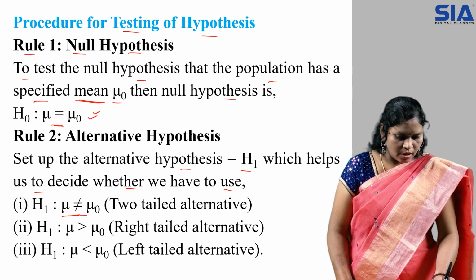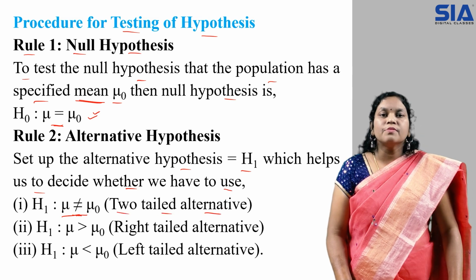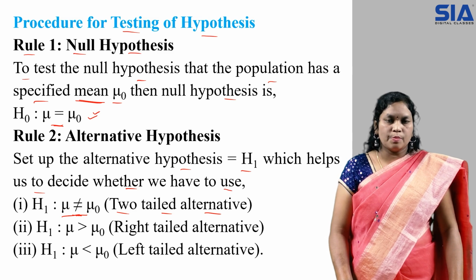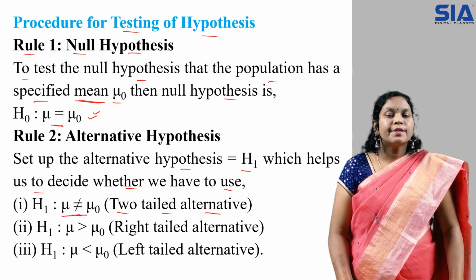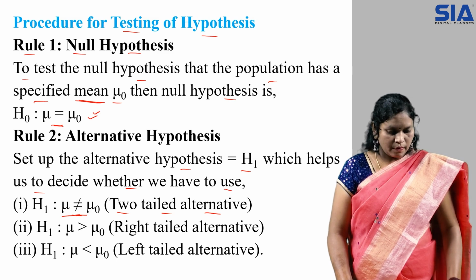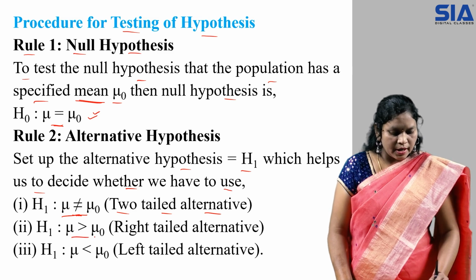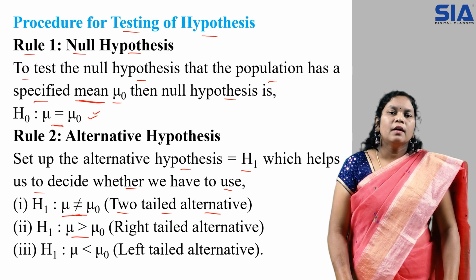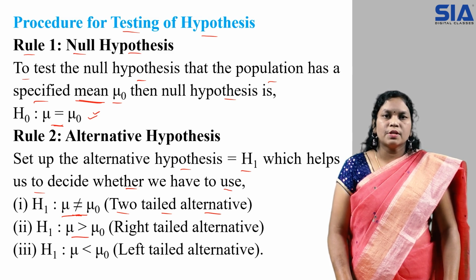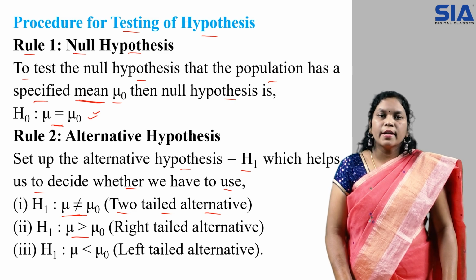First is the not equal to type, which we'll call a two-tailed alternative. So a two-tailed test we will consider here, whenever you get the not equal to symbol in the alternative. Based on that we'll decide the critical value, right? So the first case is H1: mu not equal to mu naught. Now one more we have, H1: mu greater than mu naught. If in the question they mention words like greater, larger, more than, that is the clue that we have to go for the greater than symbol.